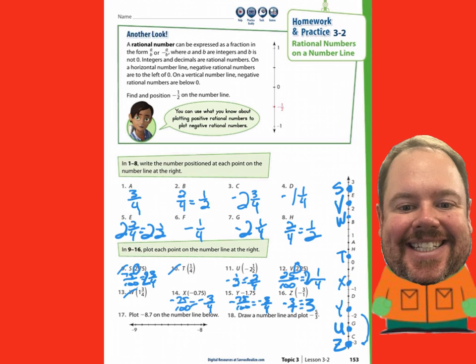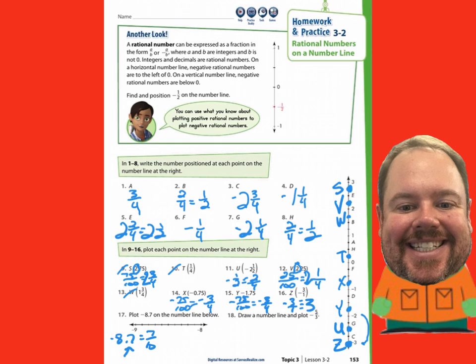17 reads, plot negative 8 7/10 on the number line below. So let's make sure we have tenths. We have 1, 2, 3, 4, 5, 6, 7, 8, 9, 10. So we can find the 7th one down, because negative 8.7 means 7/10.